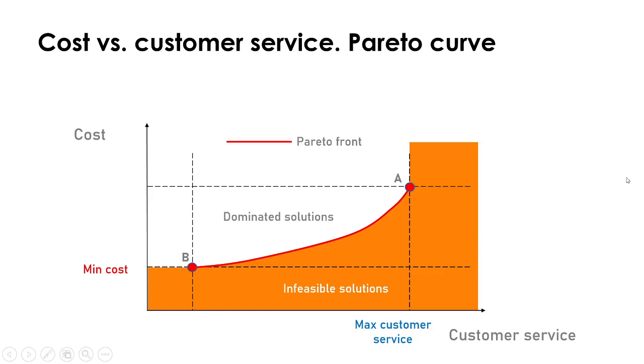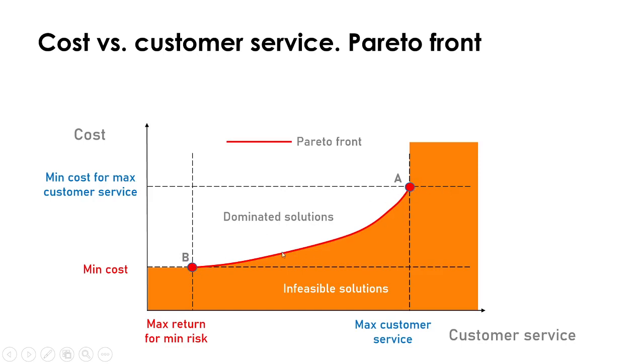And the same for point A. Okay, if we want to maximize customer service, we might find different solutions with the maximum customer service with different costs, but we would like to get point A, which is the one that provides us with the maximum customer service, and for that customer service gives us the minimum cost. So these are the values we are aiming for, so that we can have A and B.